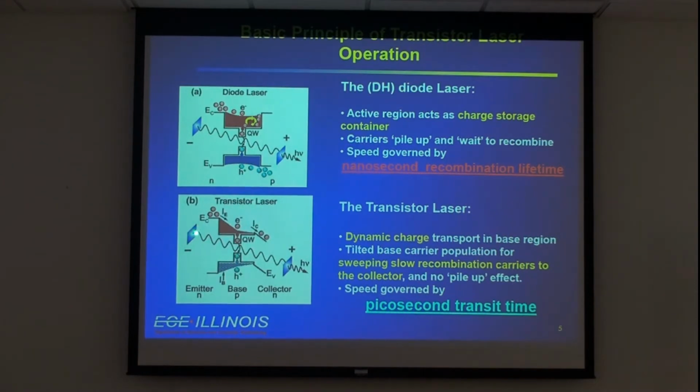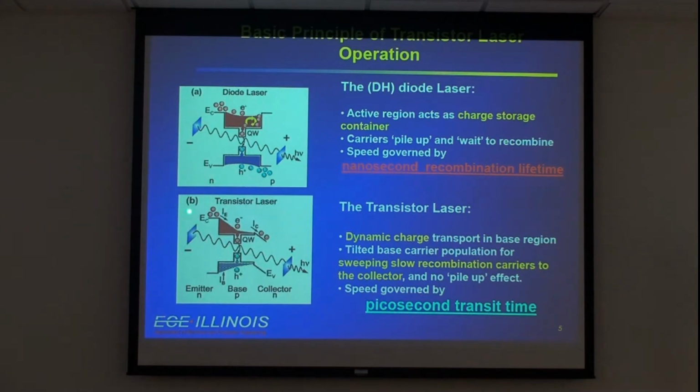Here we are talking about putting an extra quantum well in the base of an HBT structure. So here is the emitter, and we put a quantum well in the base, and here is the collector. The operation of an HBT is pretty different. We use minority carrier transport, so it's like a dynamic charge flowing into the base.